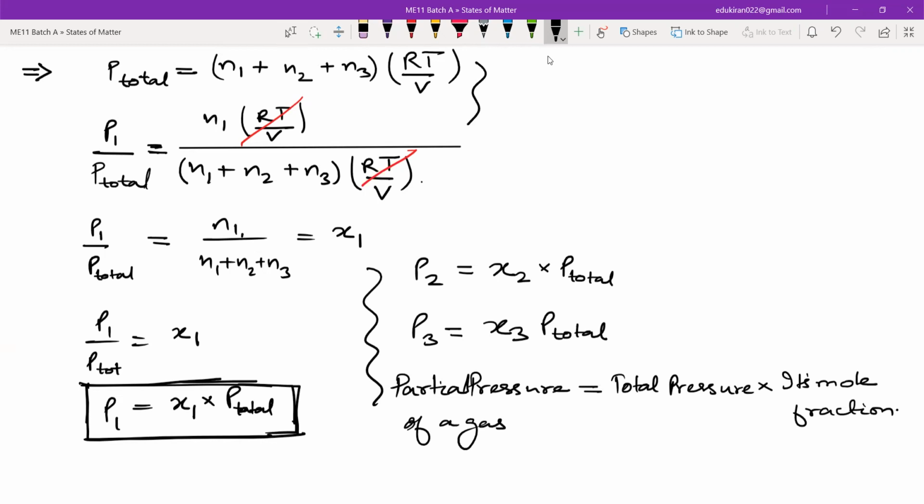Also write this note below. Okay, write this note below. I don't want to scroll down, that is why I'm just writing here.